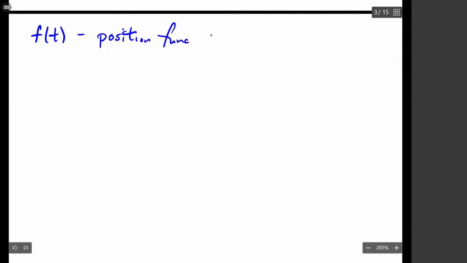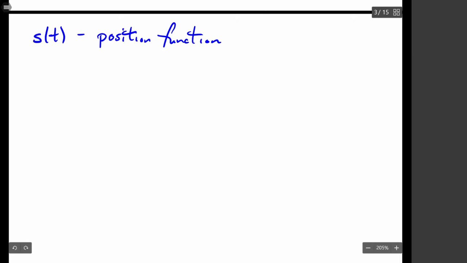We talked in an earlier video about an application of the derivative as the velocity of an object, if the function that we have is the position function of the object. So let's say again that f of t is the position function for some object. Actually, we'd usually call this s of t.